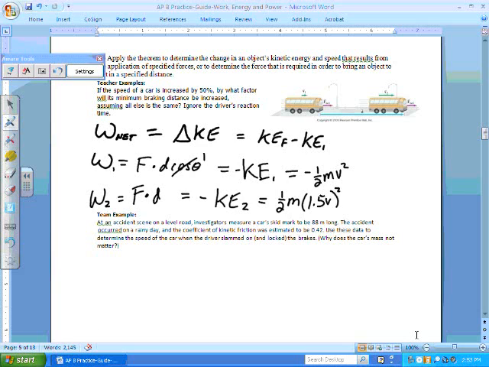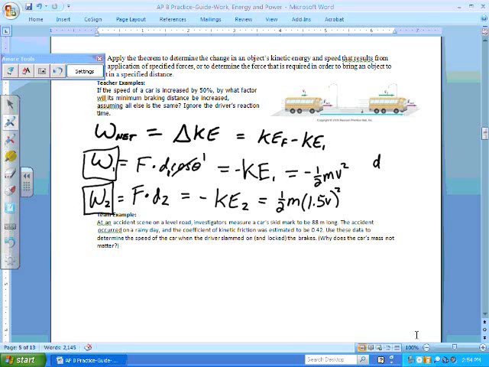And so if I compare the amount of work it takes to stop, if I compare work 2 to work 1, then I can get a ratio of distance 1 to distance 2. So let's divide these two out.